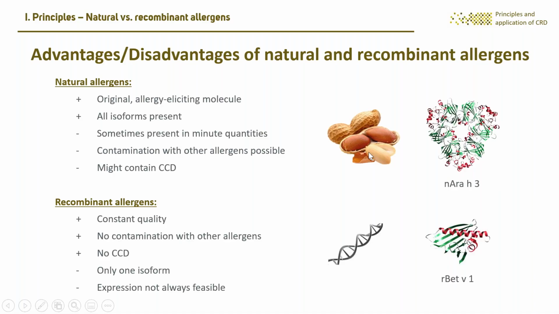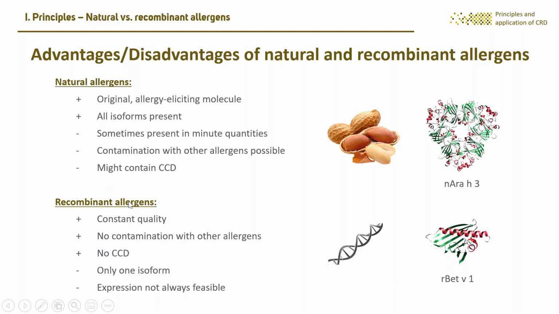So if you attempt to purify one desired allergen molecule, it can be very difficult or even impossible to separate it from similar proteins. So this means that your preparation in such a case is not entirely pure. And another problem, which does not affect all natural allergens but some, is that some natural allergens contain sugar moieties which can be epitopes by themselves, so-called CCDs, cross-reactive carbohydrate determinants. I will talk about this in greater detail in the next few slides.